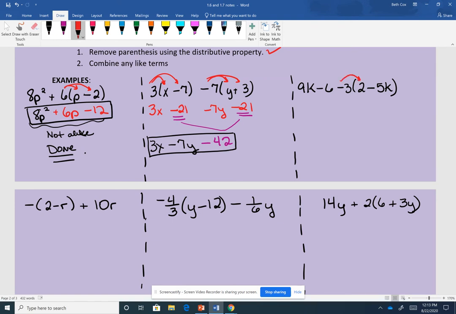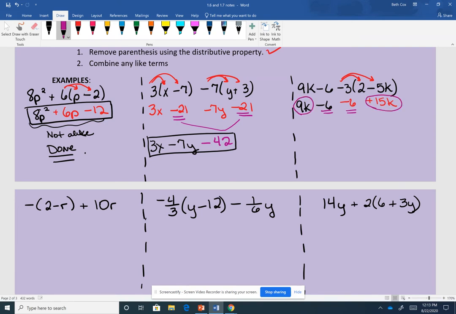Here we go. We have negative 6, positive 15k. Now I'm just going to bring those others down because I didn't do anything with them. And now I'm going to combine my like terms. Well, these two are alike, and these two are alike.